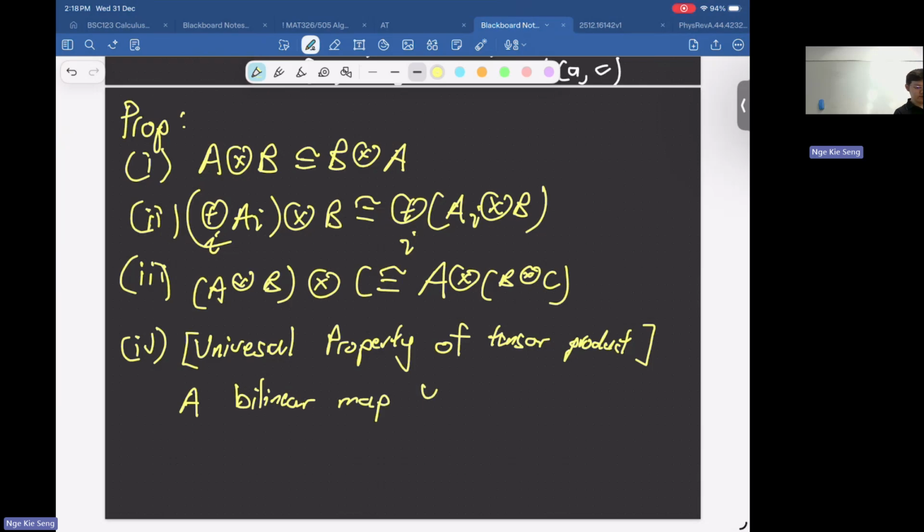So if you have a bilinear map from A cross B to C, the real direct product, then it will induce a map from A tensor B to C as well. And I think this is unique.